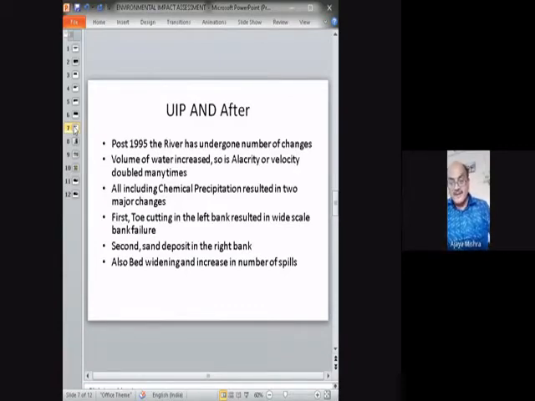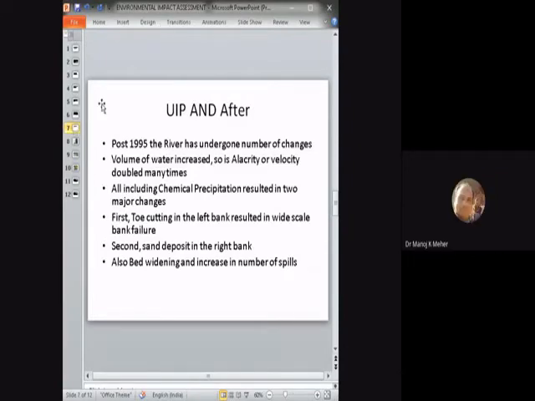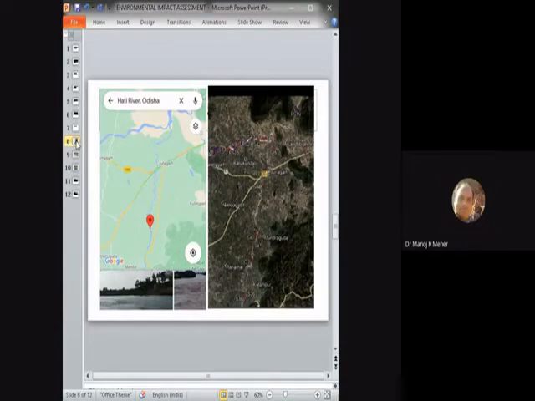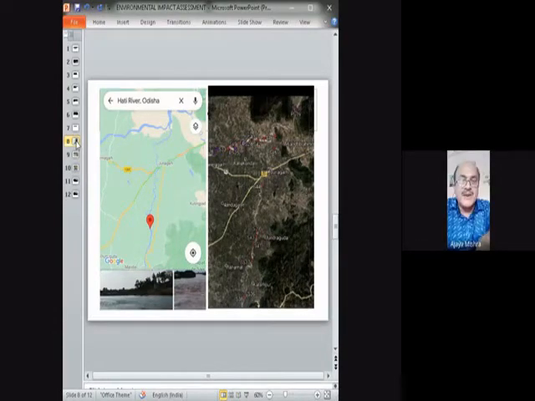So what happens on the right? Next slide. You can see the Google Maps shows how it has gone about 10 kilometers to that crossing. After that, it goes in a very meandering way.